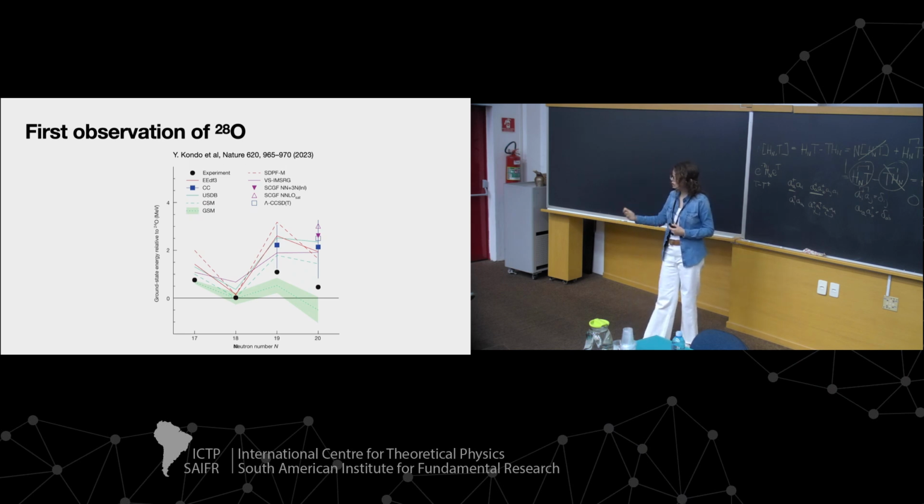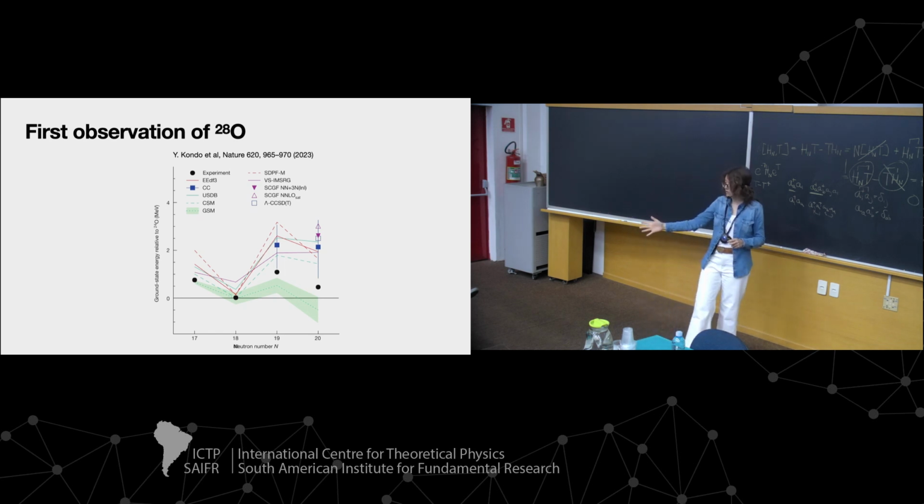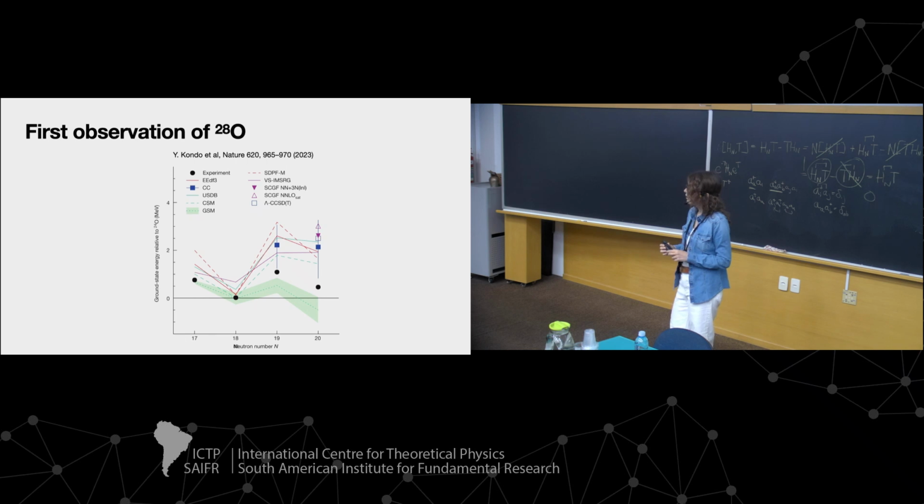We have an uncertainty which is dictated by our nuclear interaction and by our many-body method, but we do not predict the actual width of the state. The wave function is always composed of harmonic oscillator wave functions. Yes, we start from the harmonic oscillator, but then it's a Hartree-Fock basis.